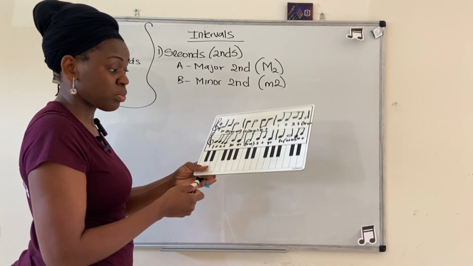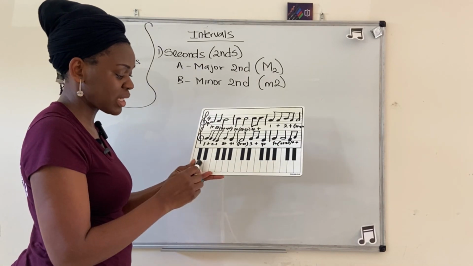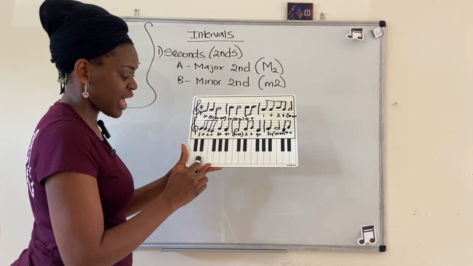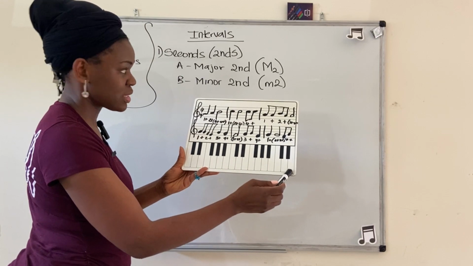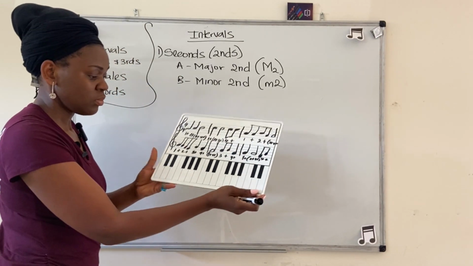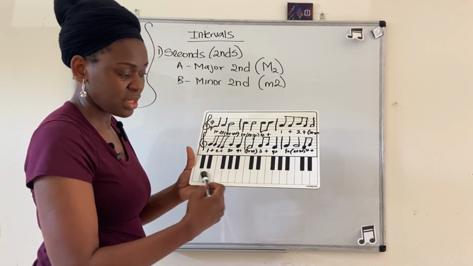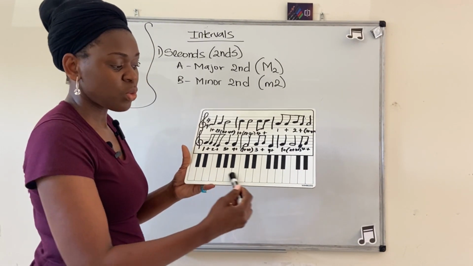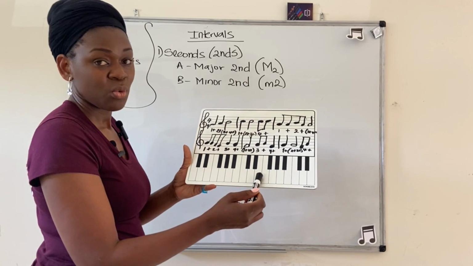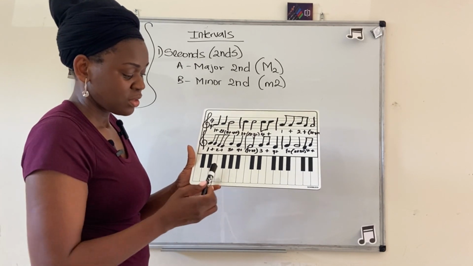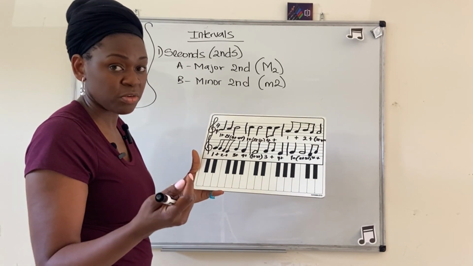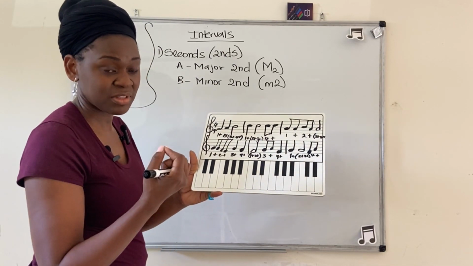The piano is made up of half steps and whole steps. On a piano, we have the black keys and the white keys. Most of the white keys have whole steps, while a few of them have half steps. Just two of them in each scale have a half step.